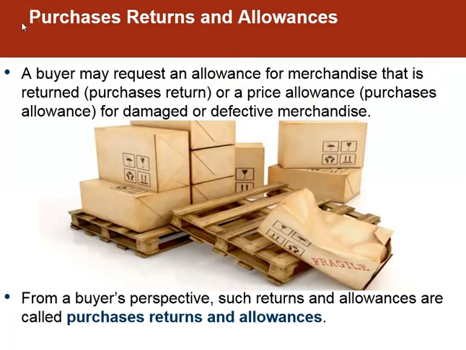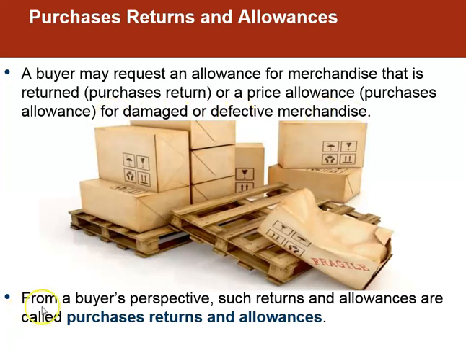So, keeping in mind that we take purchase discounts, we also have to assume that from time to time we're going to have purchase returns and allowances. It says a buyer may request an allowance for merchandise that is returned, or a price allowance, purchases allowance, for damaged or defective merchandise.